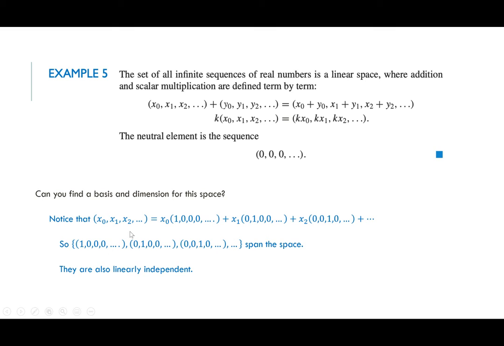So, okay. These sequences span the space. They're linearly independent. My friends, we have an infinite dimensional vector space. And I don't know, maybe that's not quite so surprising. I guess we'd hope it's an infinite dimensional vector space, given that I was saying that these just look like infinite dimensional vectors, but okay, I think it's cool.